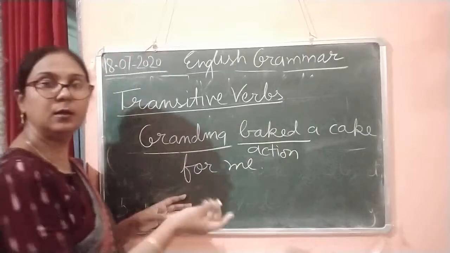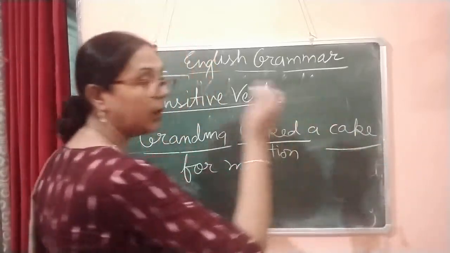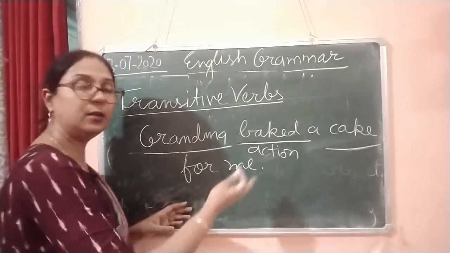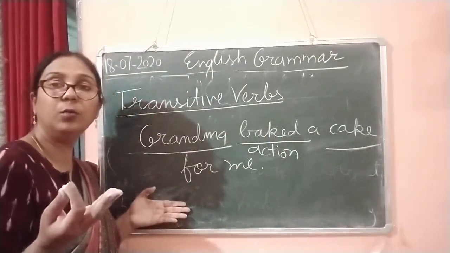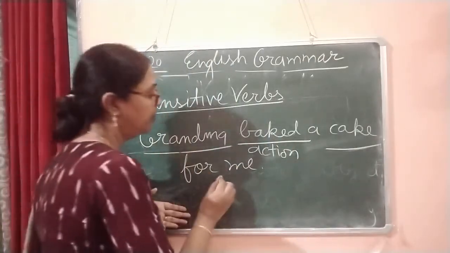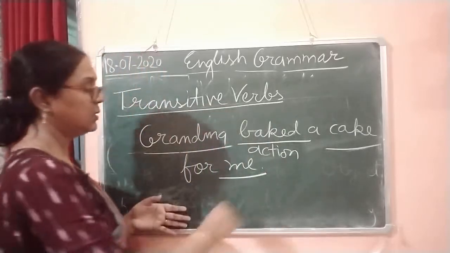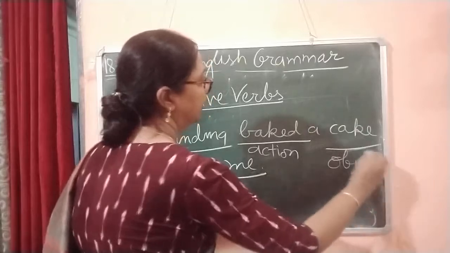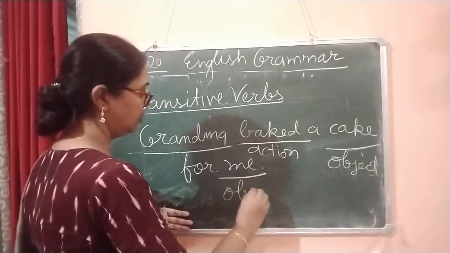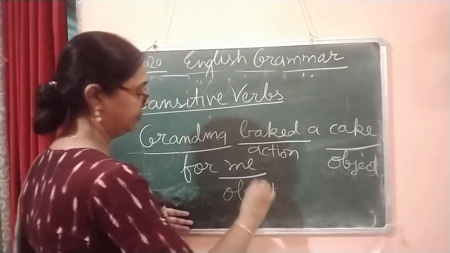And a cake. What did she bake? She baked a cake. For whom? For me. This is an object and this is also an object.